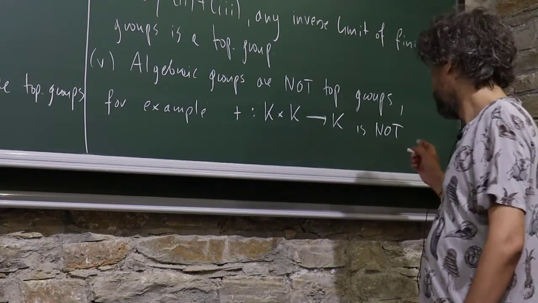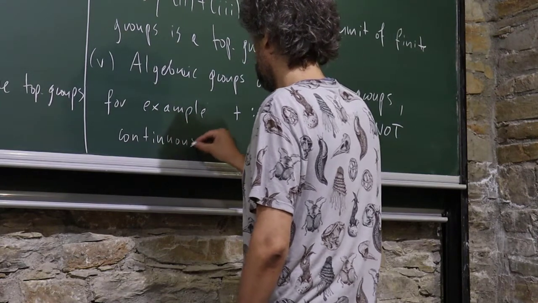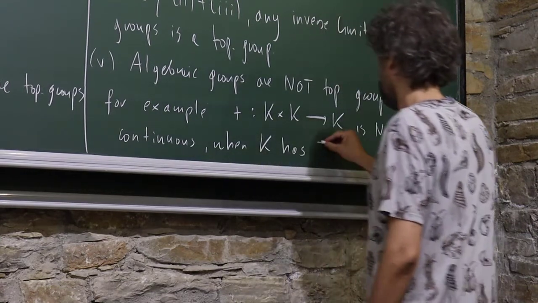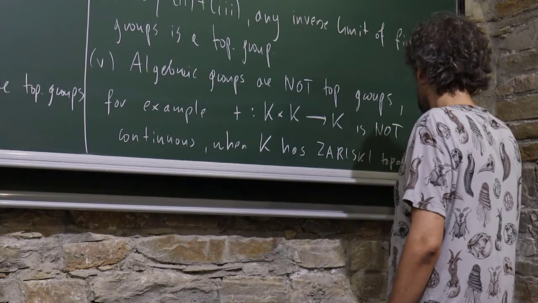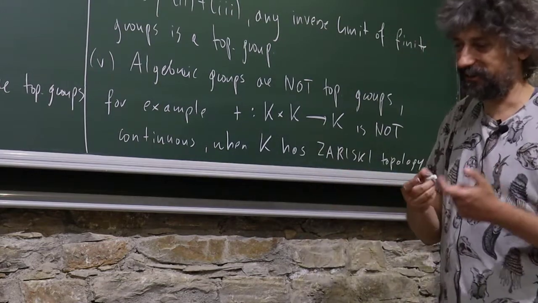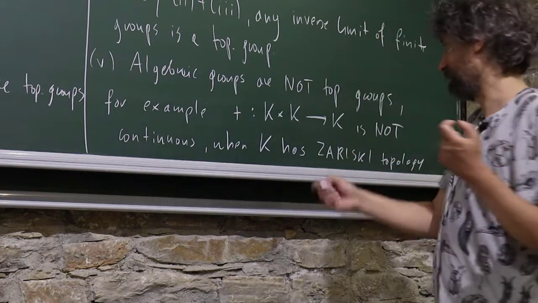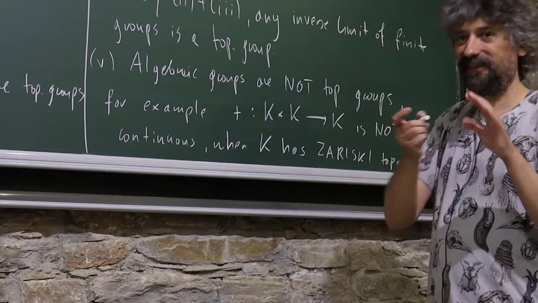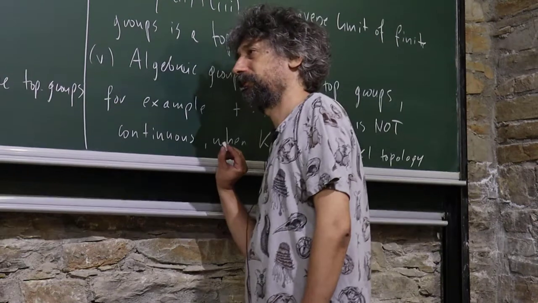It's not continuous when K has Zariski topology. But it's still okay because on the product there is another Zariski topology which is richer than the product topology. And with this other one, it is continuous. So it's not a topological group, but thanks to that, it has enough good properties. So almost everything works like with topological groups.